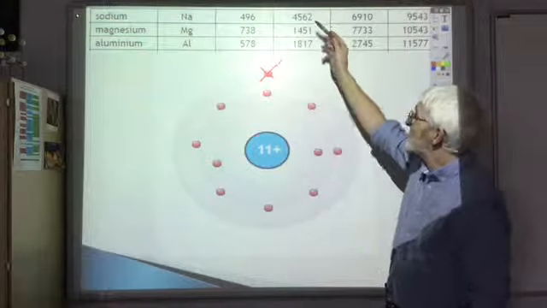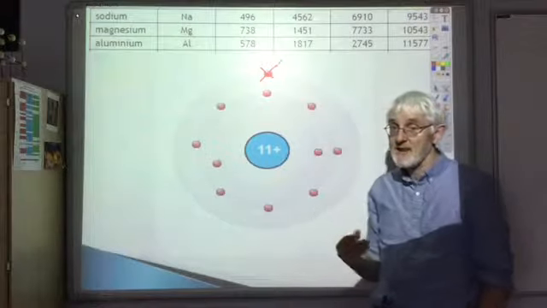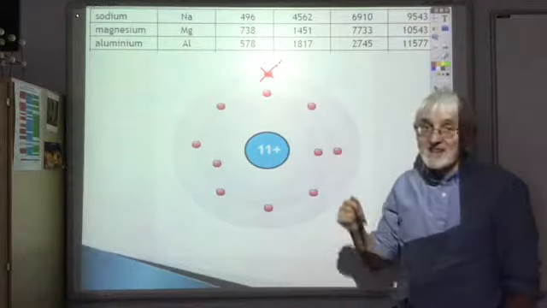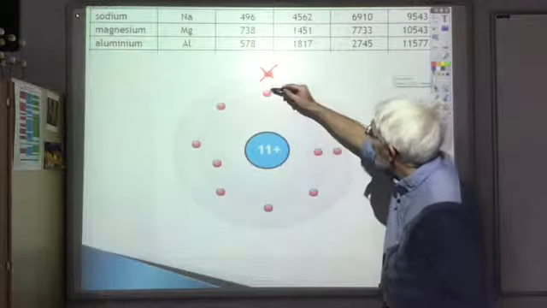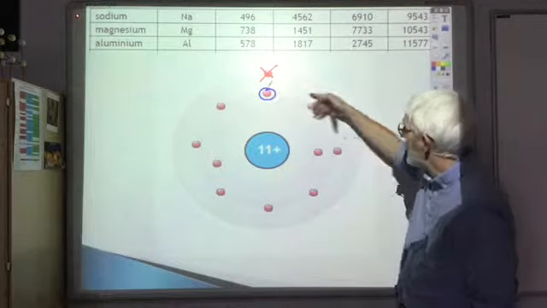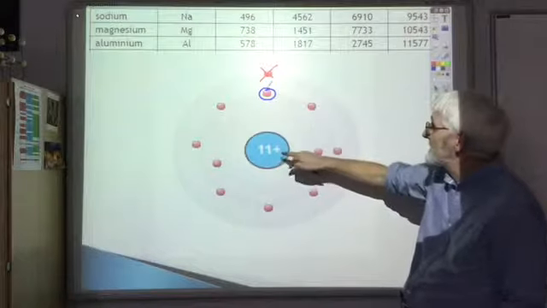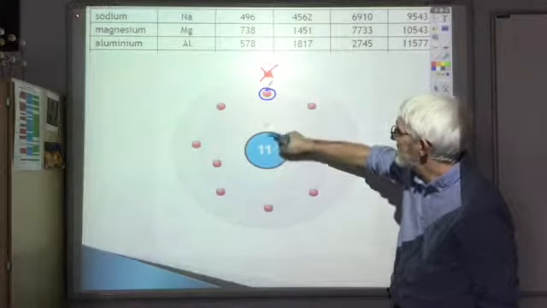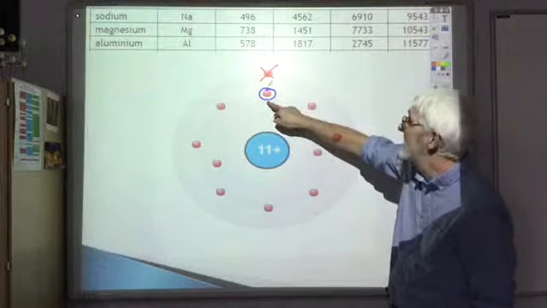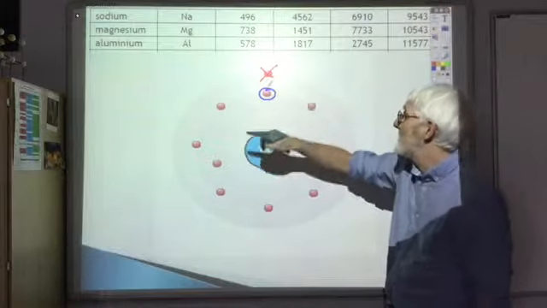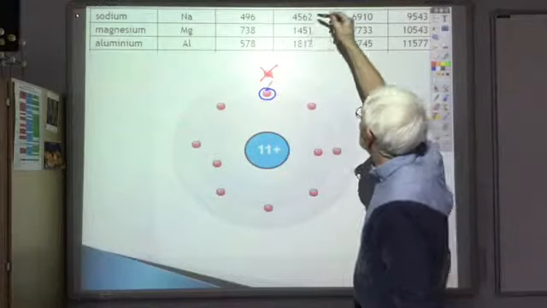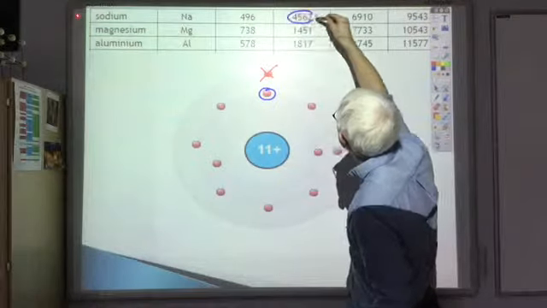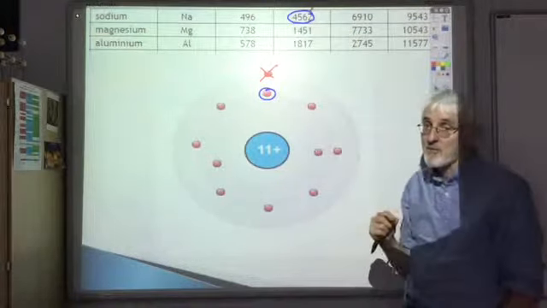But the 4562 refers to removing the second electron, which in the case of sodium comes from an electron shell, an energy level which is close to the nucleus. Because this electron is close to the nucleus, it's far harder to remove it than that one. So the big jump to 4562 tells us that we've gone into an inner electron shell.